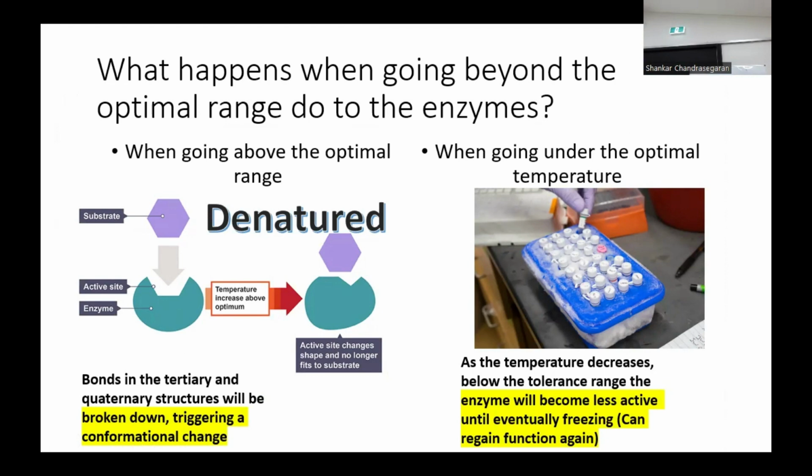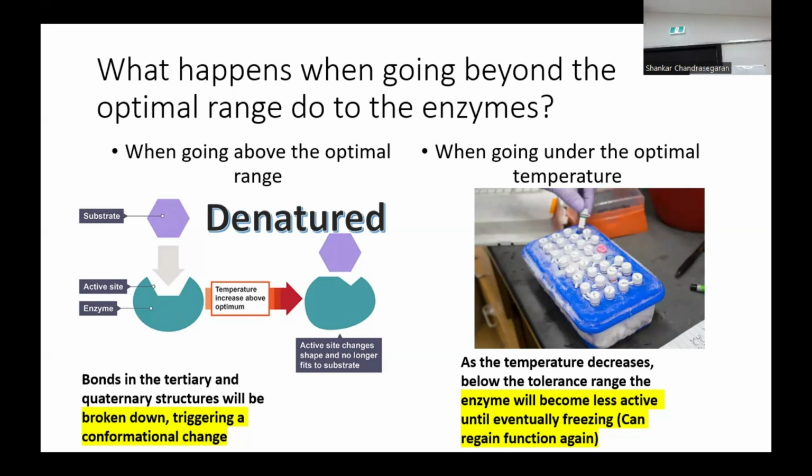The protein is denatured, it won't allow a substrate to bind to the active site. What happens if you go below the temperature? Essentially, what happens is that the enzyme freezes, right? But it won't lose its function permanently. It is able to gain its function again if you carefully reheat it to its optimal range, but essentially it loses its function while it's been frozen.